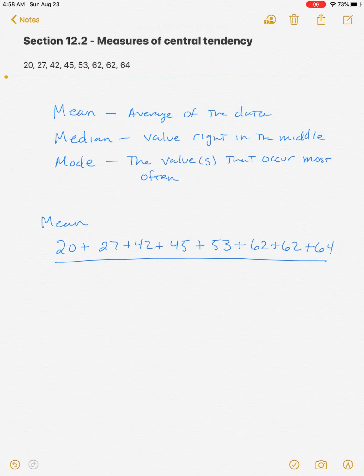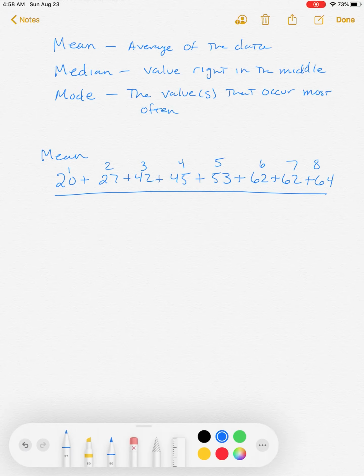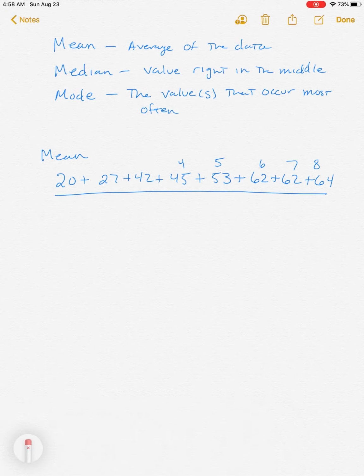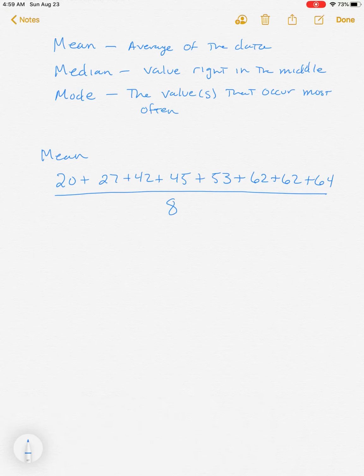So in this case, we added 1, 2, 3, 4, 5, 6, 7, 8 pieces of data. So we have 8 individual pieces of data. So the way you find the mean is you add them up and you divide by 8.